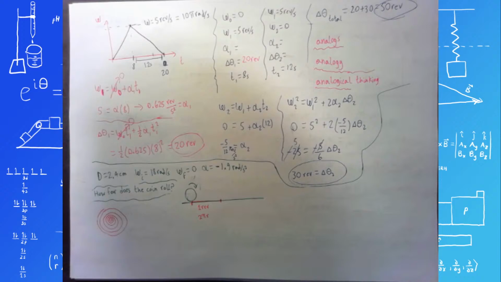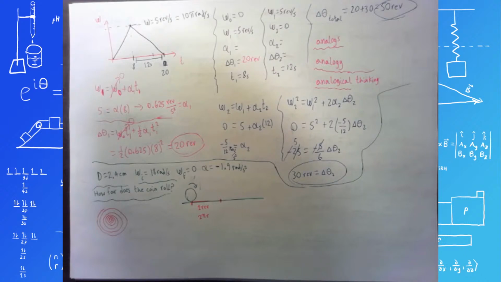So if we just calculate delta theta of the coin and then convert that to distance, figure out what arc length it traveled through, we'll be good to go.